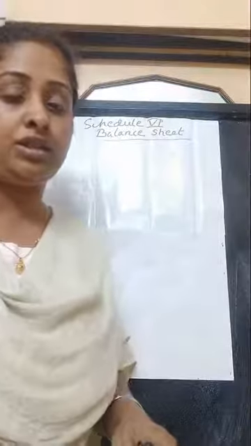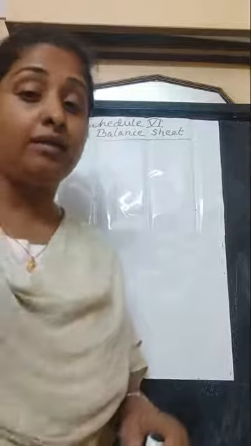So this is what a Schedule 6 balance sheet is all about. The format of Schedule 6 is maintained while preparing the balance sheet according to the Companies Act 1956. Just remember, the Companies Act 1956 is followed and the format is a little bit different, with more categories in the case of a Schedule 6 balance sheet.